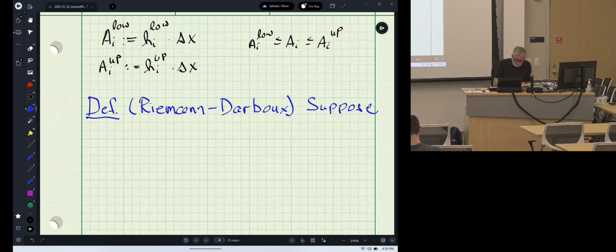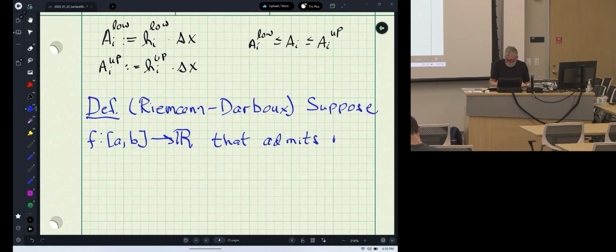But it says the following: suppose I have a function that takes an interval [a, b] to the reals, and these max and mins exist over all intervals.